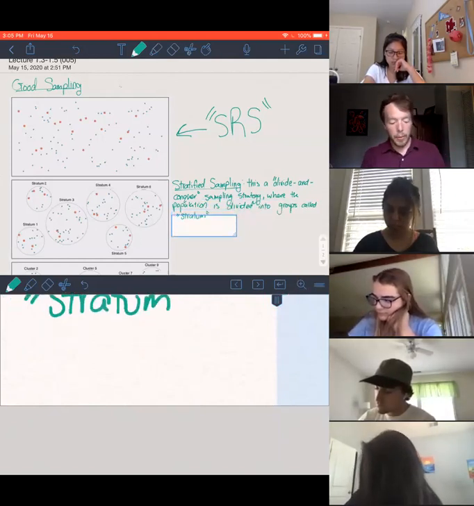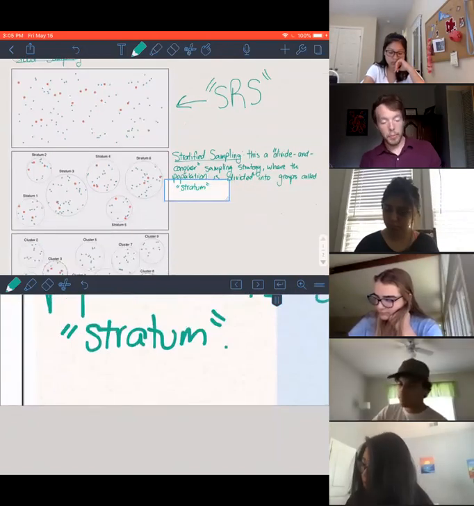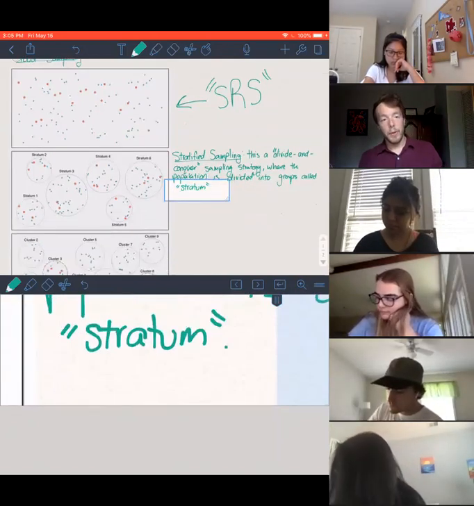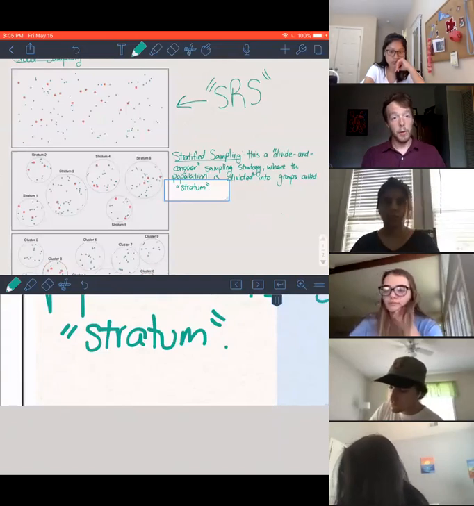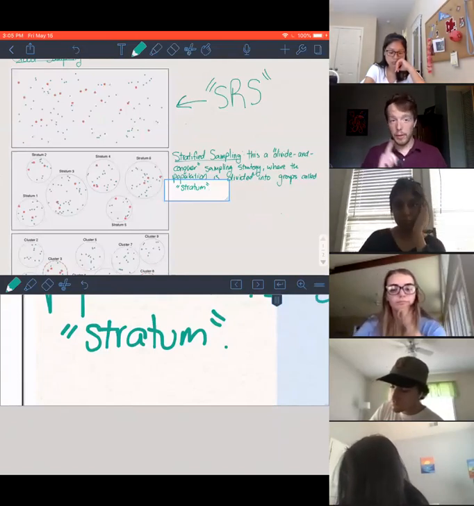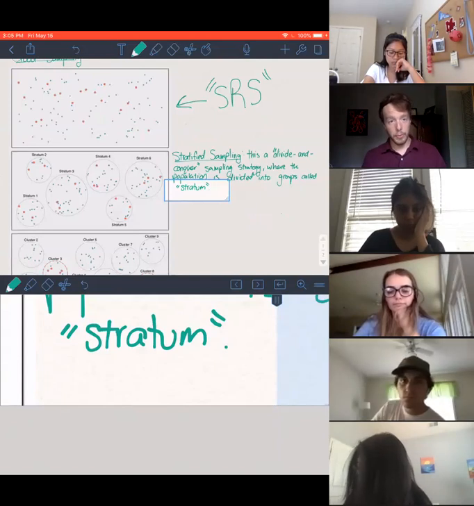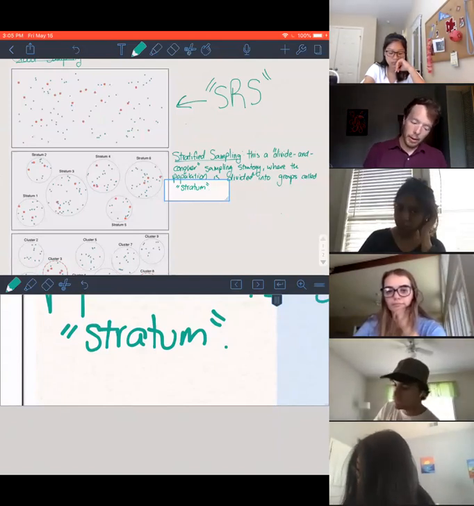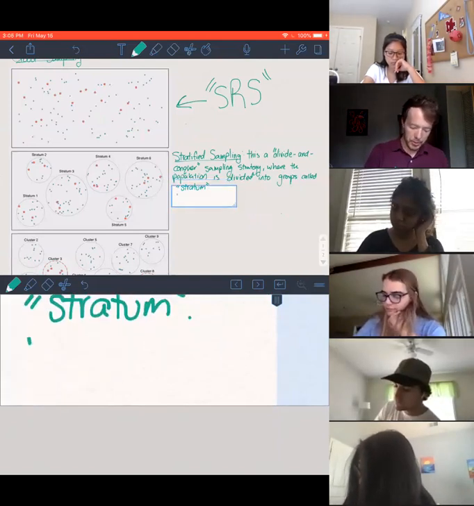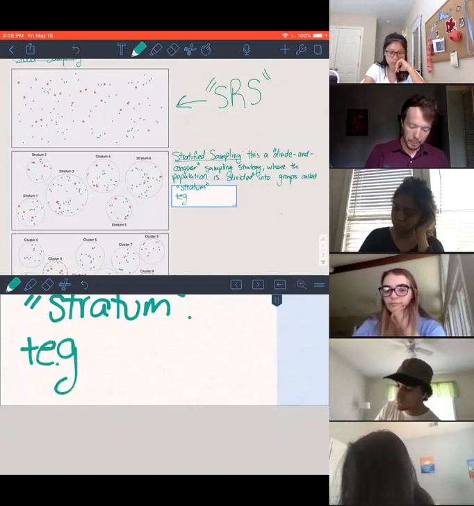So the reason we might want to do stratified sampling rather than a simple random sample is when we have subgroups of the population that we are interested in observing in the context of what other variables we are studying. And I think the best way to understand this is by means of an example.